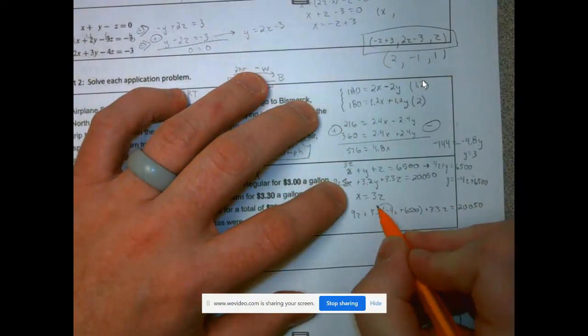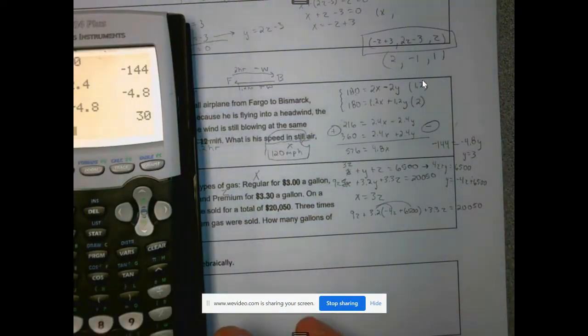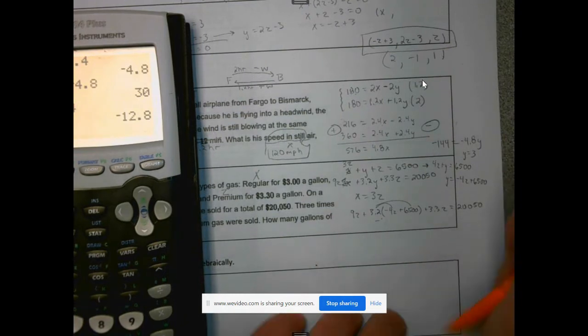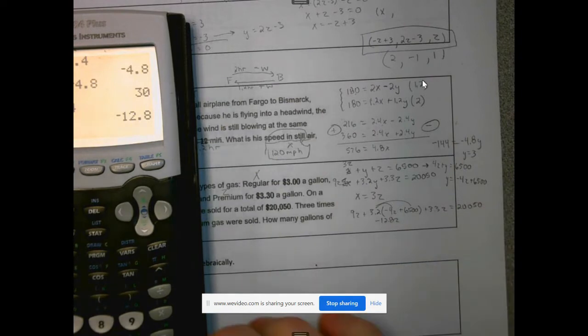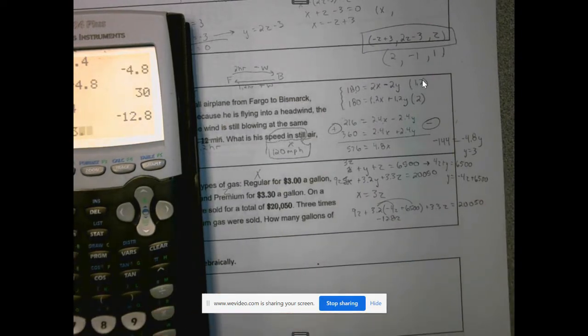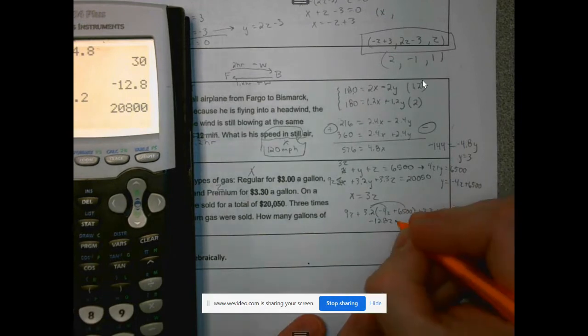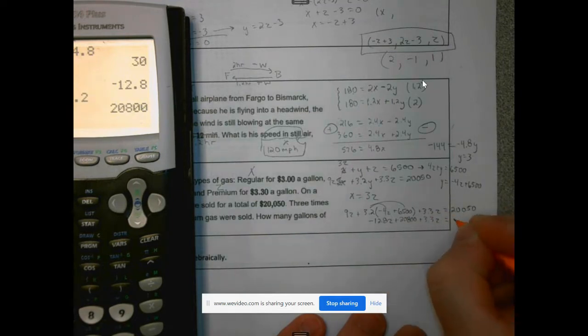Okay, so distribute this. 3.2 times negative 4 is negative 12.8Z, 6,500 times 3.2, so plus 20,800, plus 3.3Z equals 20,050.